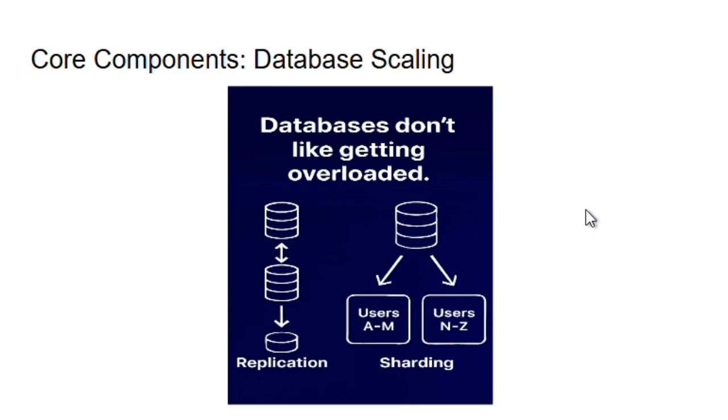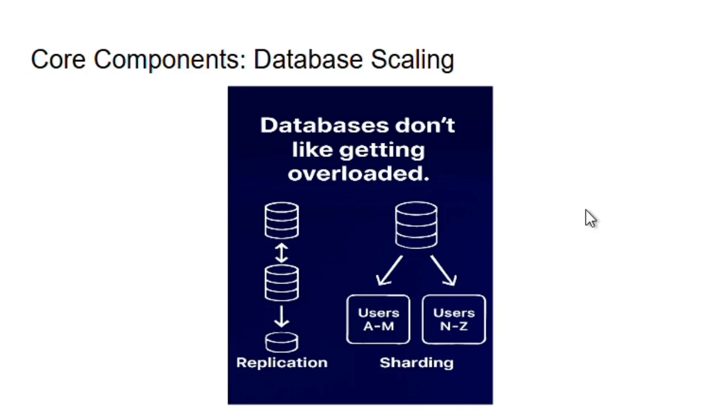Now databases. Databases don't like getting overloaded. That's why we use different strategies to scale them. We usually choose between SQL and NoSQL databases based on the data type. For example, SQL is great for structured transactional data while NoSQL works better for unstructured or high-volume data.